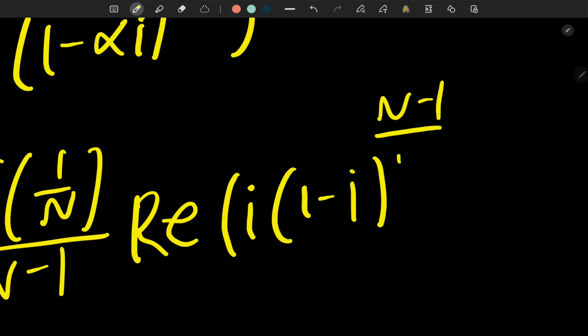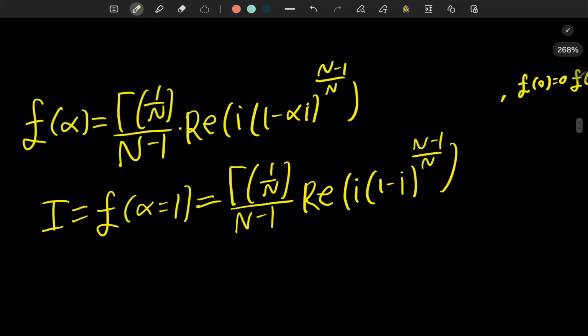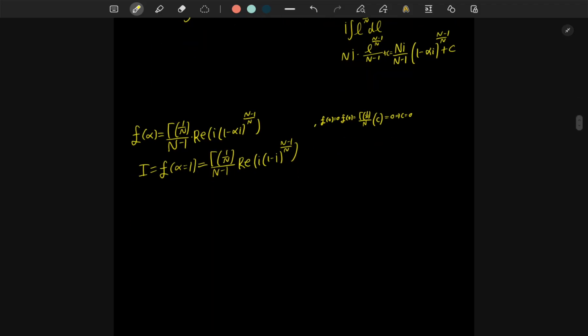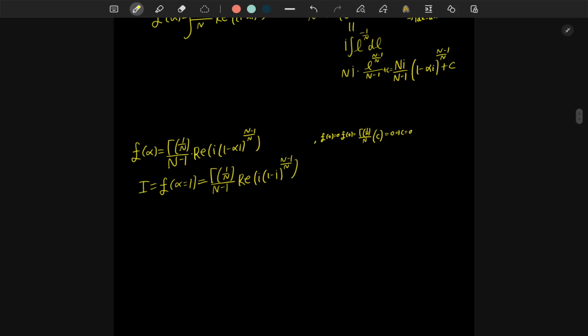Very nice. Very simplified. Okay. Let me make sure this is true. Okay. C was a number, so we can take out the real part. Okay, this is correct. Just making sure I didn't make any mistakes.